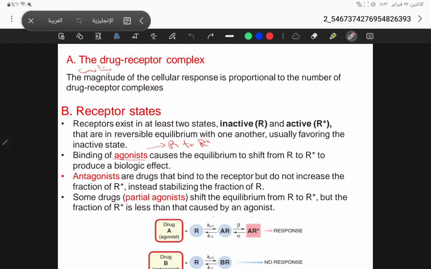So they favor the inactive form. That means if I have an agonist favoring the active form and I give the antagonist after it, it will reverse the action of the agonist by favoring the inactive or stabilized state of the receptor.